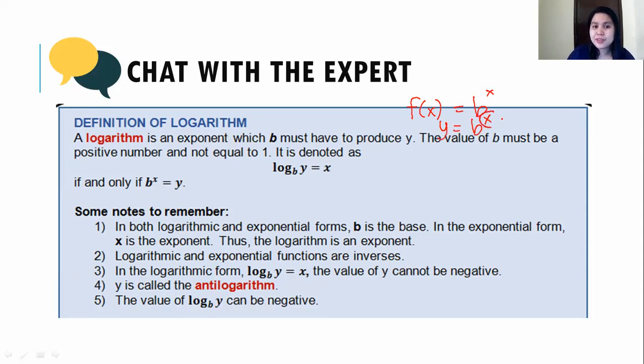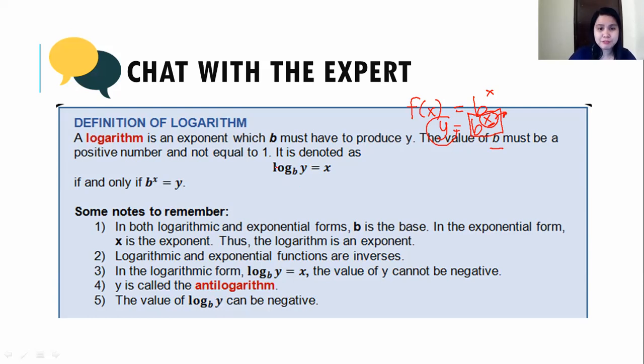X here, the exponent, is called the logarithm. What must be the value of x in order for this expression to get the value of y? So again, the value of the logarithm is your exponent. And remember that b must be a positive number and must not be equal to 1.